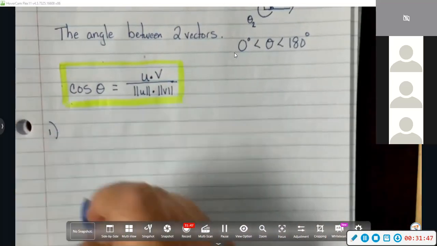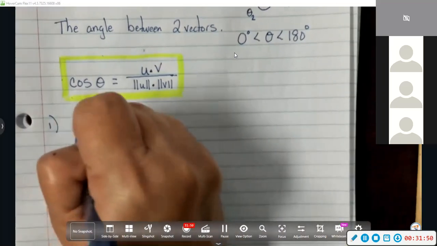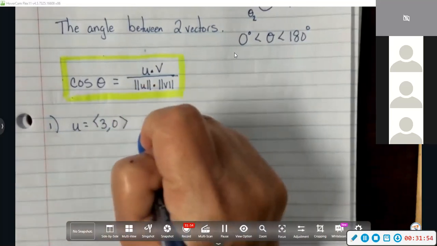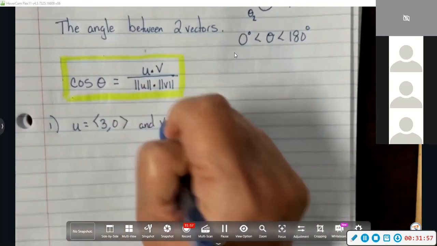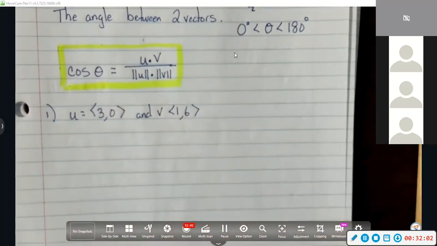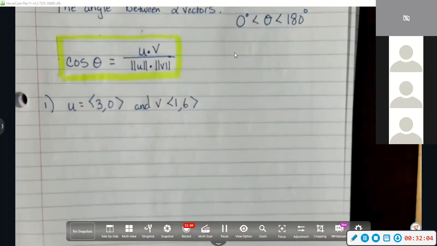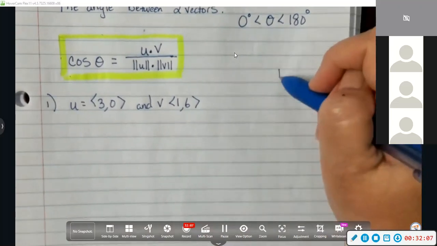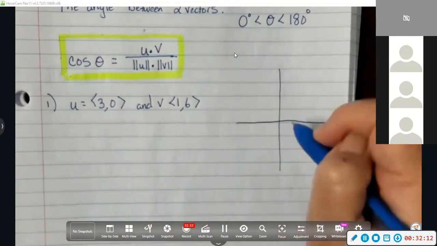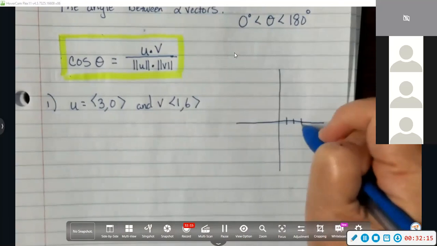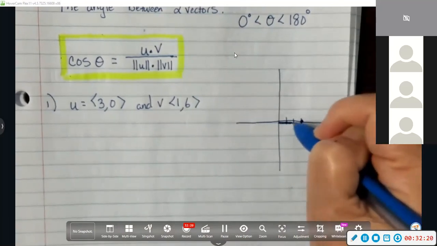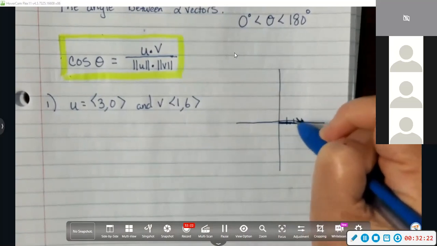So here's an example. Let's say vector u is at 3, 0, and vector v is at 1, 6. All right, let's actually draw these vectors. So vector u is at 3, 0. So it has a horizontal distance of 3, a vertical distance of 0.